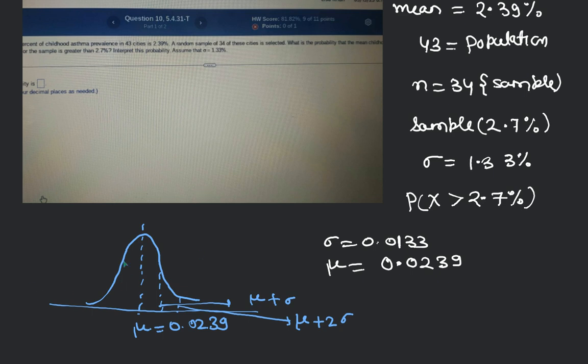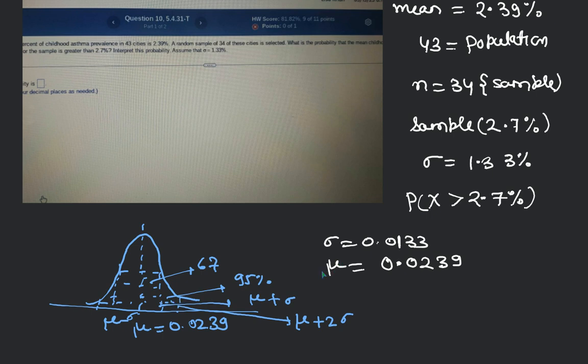In a normal distribution, between the first standard deviation the area it covers is approximately 67%, and up to the second standard deviation it covers approximately 95%, right? Do you know this?